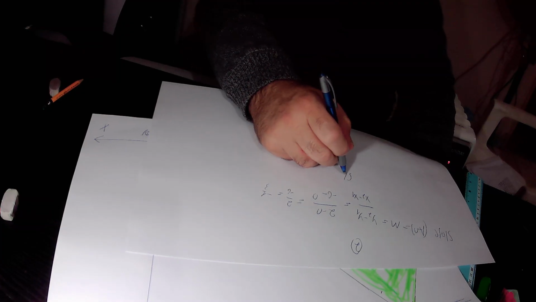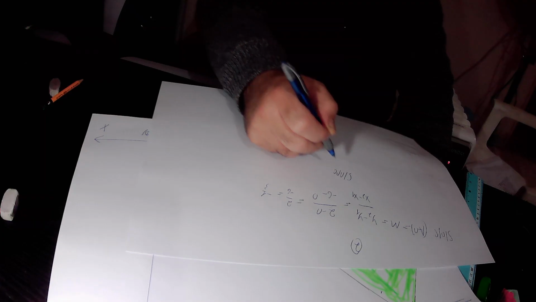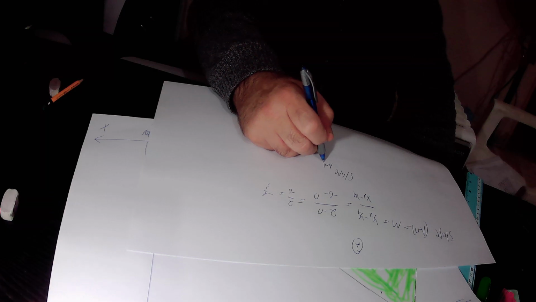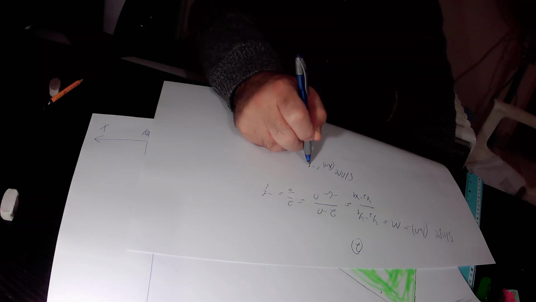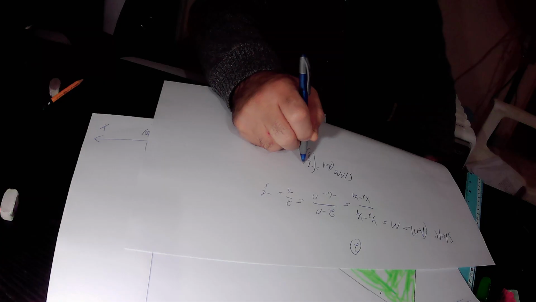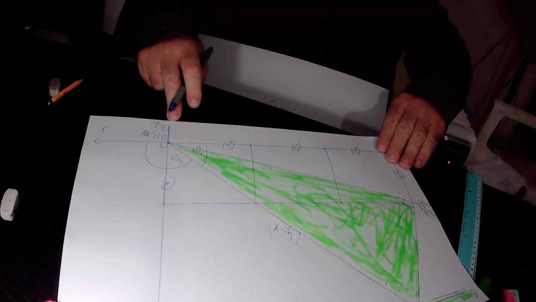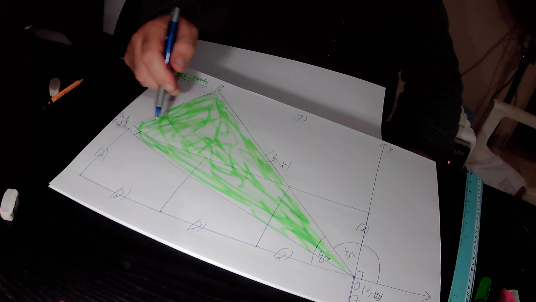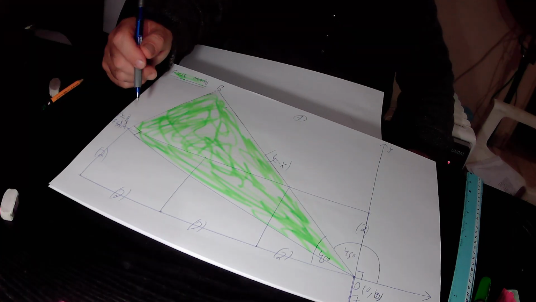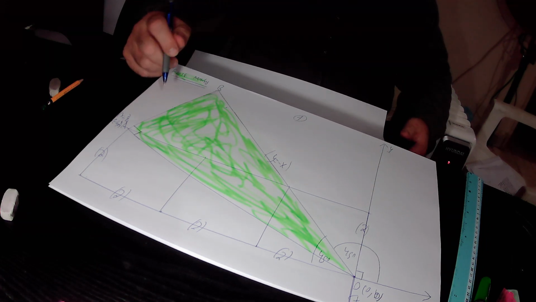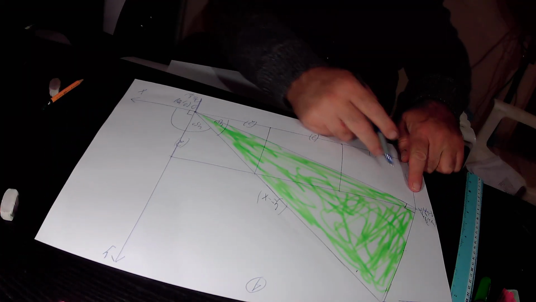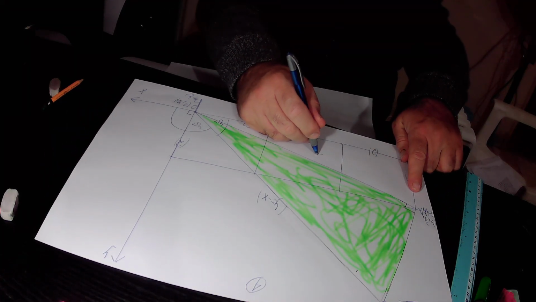So the slope of the straight line AO equals minus a third. You can see here the slope of the straight line AO is negative, therefore it goes down from the left side to the right side.